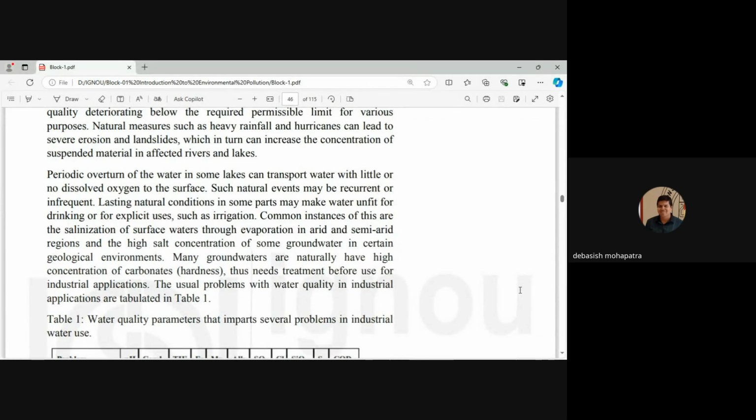Common instances of these are the salination of surface water by evaporation in arid and semi-arid regions, and the high salt concentration of groundwater in certain geological environments, as well as high concentration of carbonate hardness, which requires treatment before use.